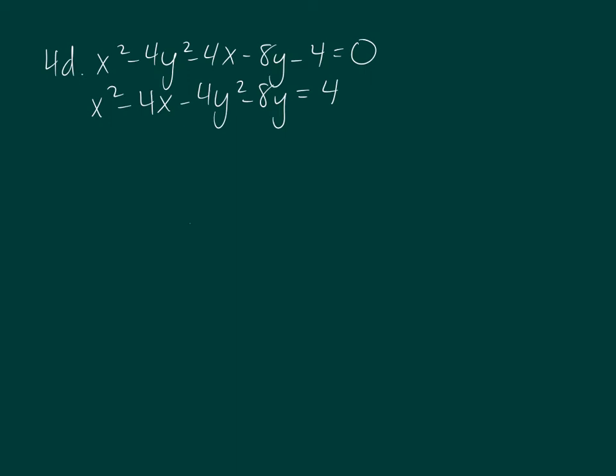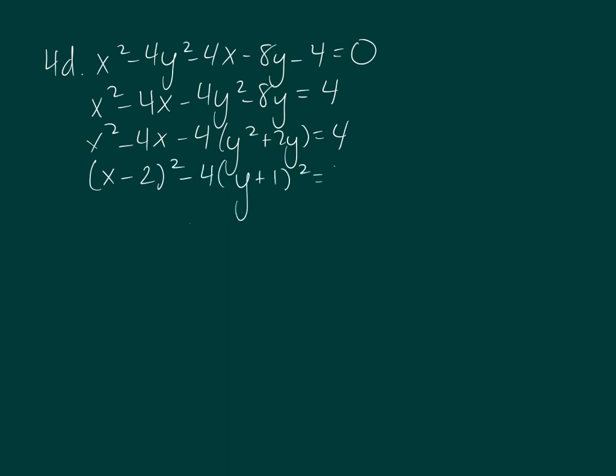So x squared, so then we're going to complete this. We're going to factor out a negative 4 from the y. And then we're going to complete the square. So we get x minus 2 squared minus 4 times y plus 1 squared equals 4. Completing the square on the x's, 2 squared is 4 times the outside, which is 1, is plus 4.